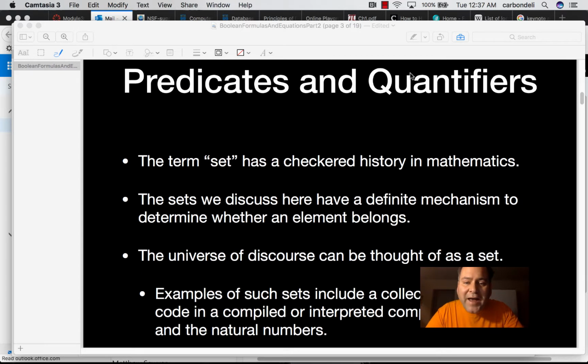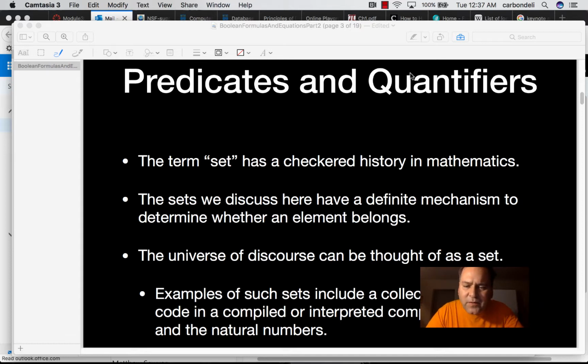The term set actually has a checkered history in mathematics. There are several cited flaws of the definition of what we call the set. But fortunately, the sets that we discuss here have a definite mechanism to determine whether an element belongs or not.